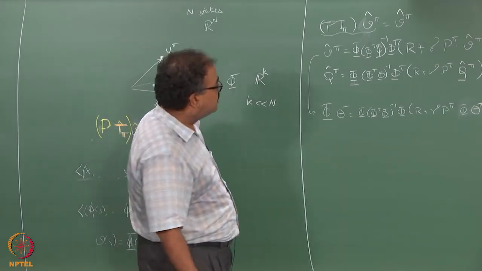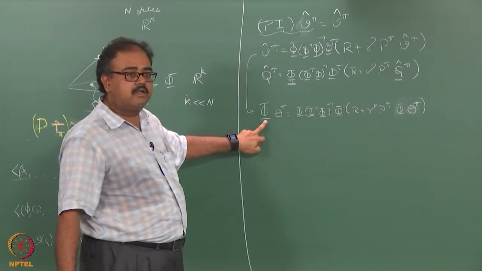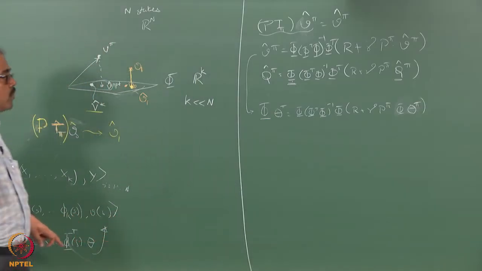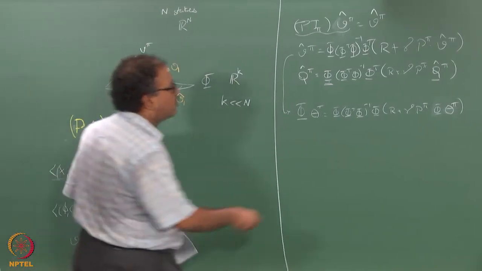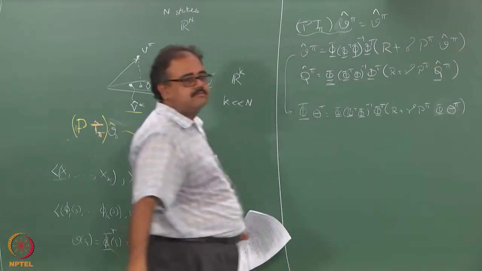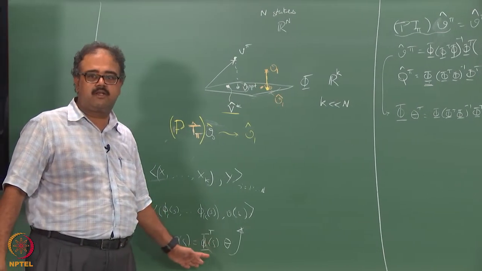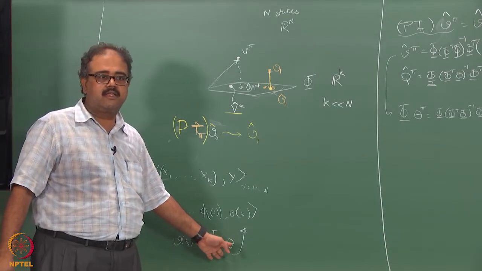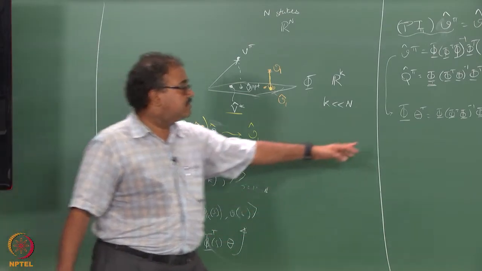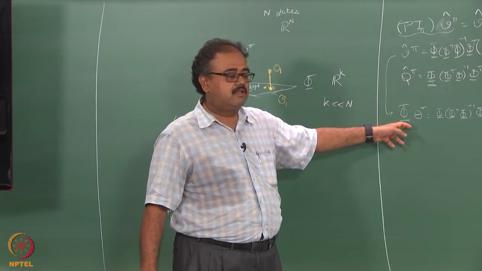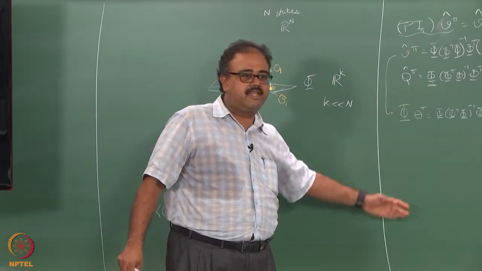So this is phi transpose, yes, because this is a vector thing. This is a matrix phi, so when I take this, it will essentially give me a vector.